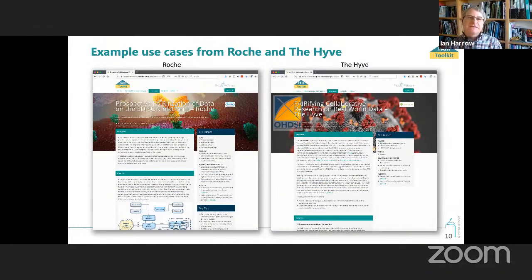So this is at the more detailed level, the 3rd level. And here are 2 examples of use cases. On the left, we have a use case from Roche, pharmaceutical company. And this is where Roche have built a platform called Edison, where they have implemented prospective verification of data.